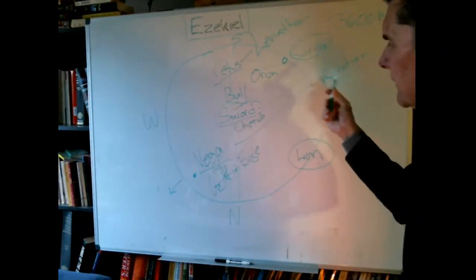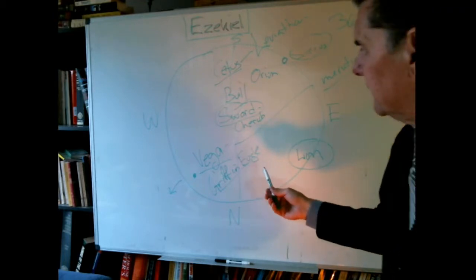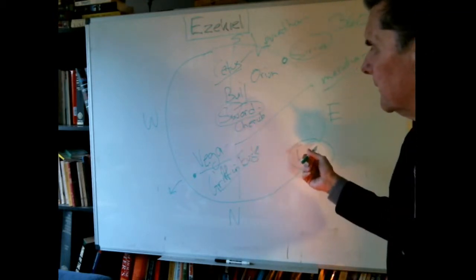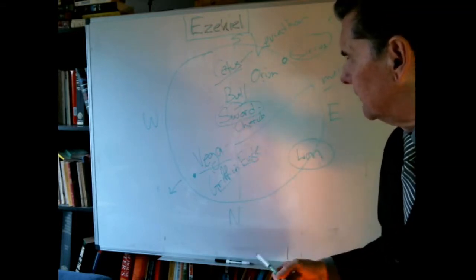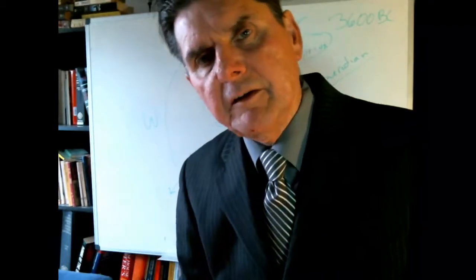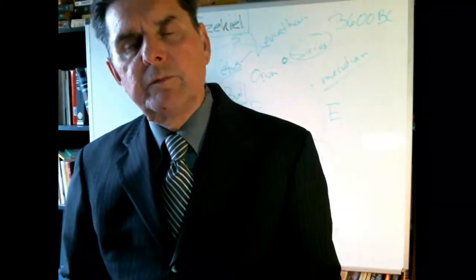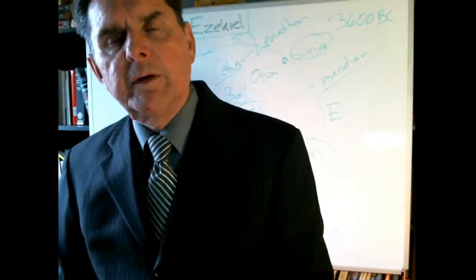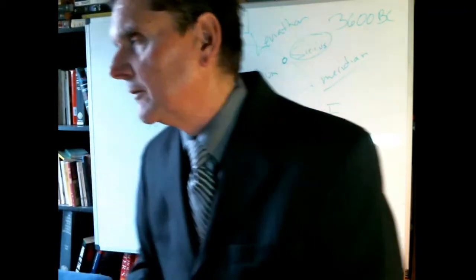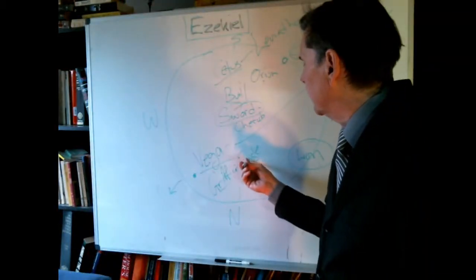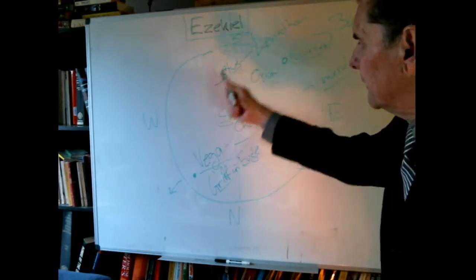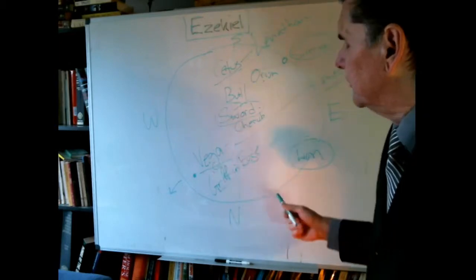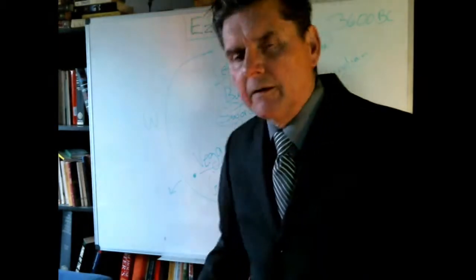That's related to the Sothic calendar, but the continuation of these symbols going together, lion or bull and man and eagle, often being combined into a single image, as we'll see as we read in Ezekiel, where he has his vision. These are all visions of the theophany, of what? Of the renewal of creation in the new year.